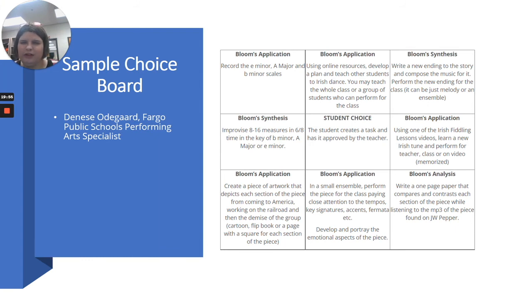Here's a choice board that I found online that I really liked. This one is using a Bloom's application, but it's giving different ways that students could choose. This teacher had students choose 3, and they recommended either 3 straight up and down, 3 across, or 3 diagonal. But they had to choose 3 to demonstrate mastery. What I liked about this is this gave the learners choice.